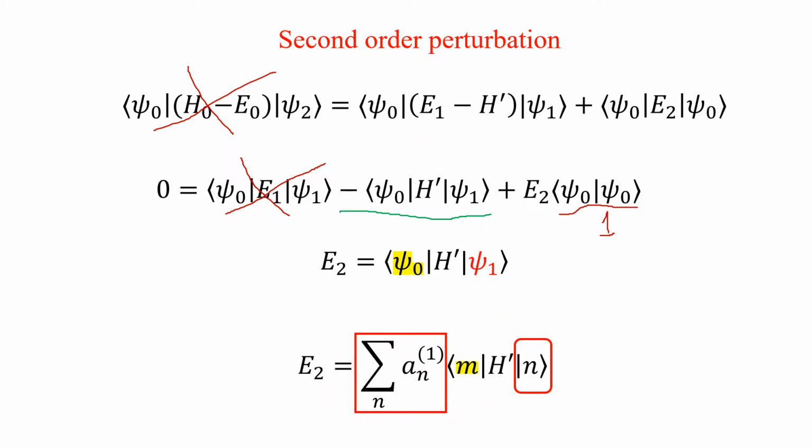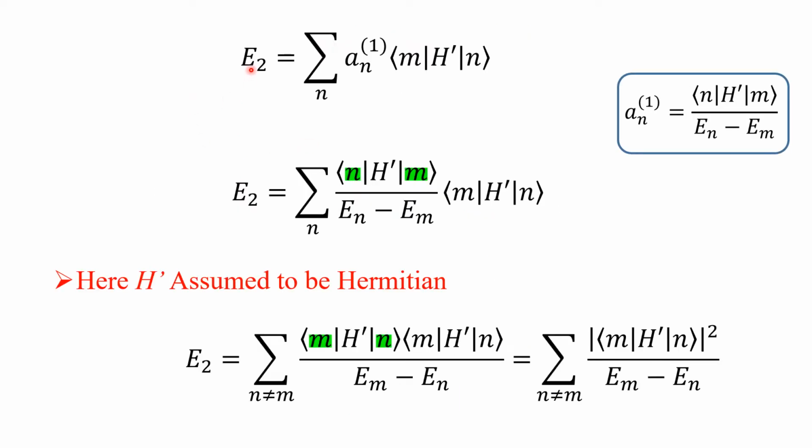Now we will see what will happen to this. So we got E2 is equal to summation over n of a_n^(1) into <m|H'|n>.